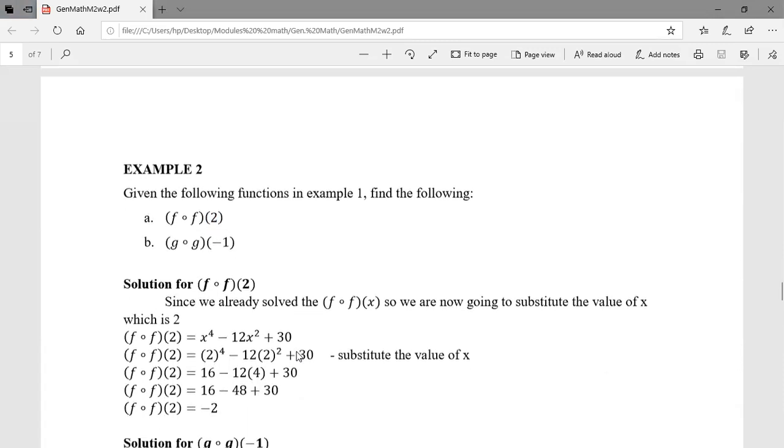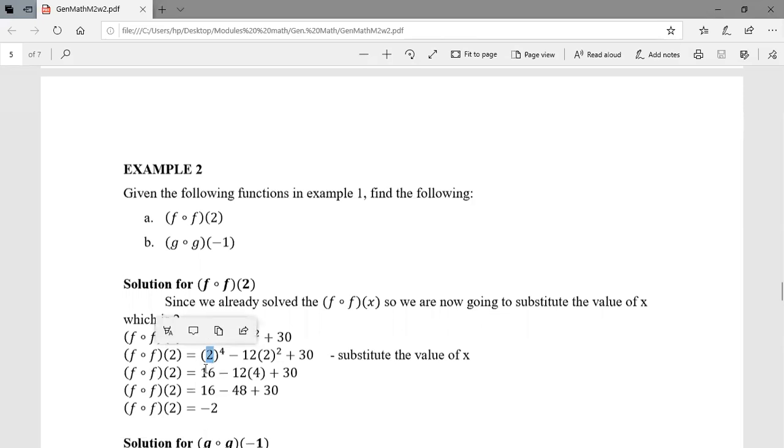Since we already solved the f of x, we're going to substitute the value of x, which is 2. So, we take the answer earlier, x raised to the power of 4 minus 12x squared plus 30.